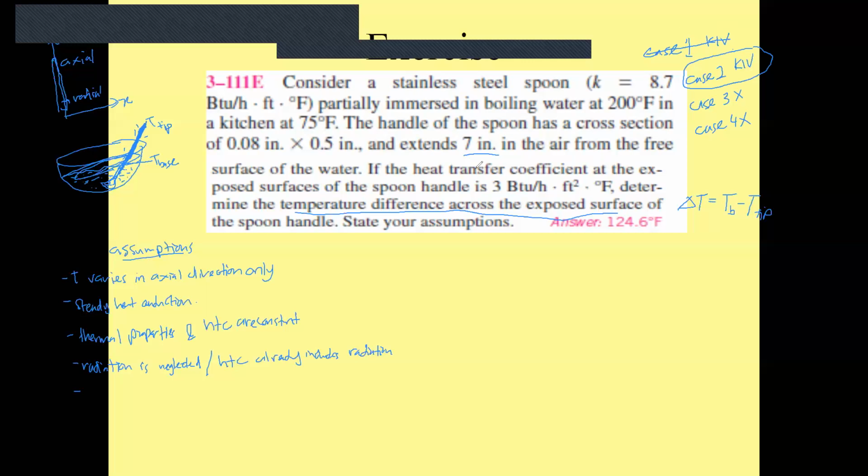Now, in order for you to find this, right? All right, and then you know that you have to find the temperature at the tip, right? So of course, this is not it, because you don't have the temperature at the tip. Okay, now T_b is known, okay?